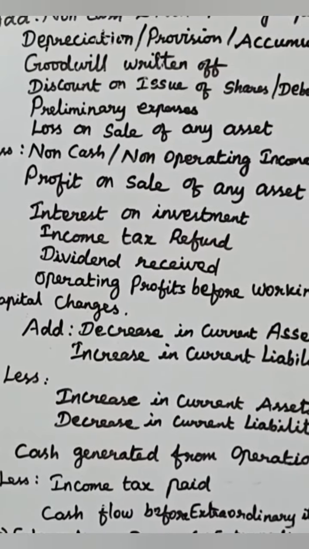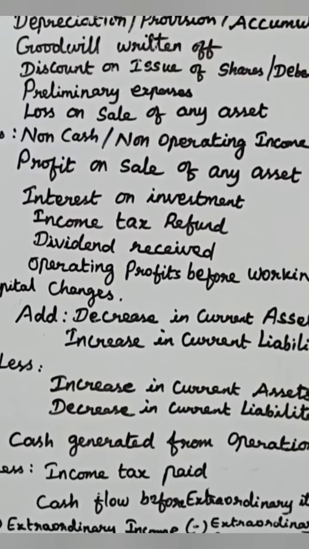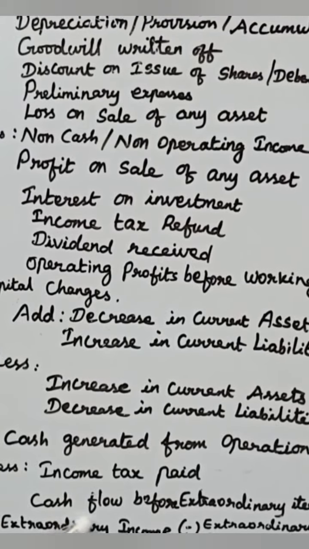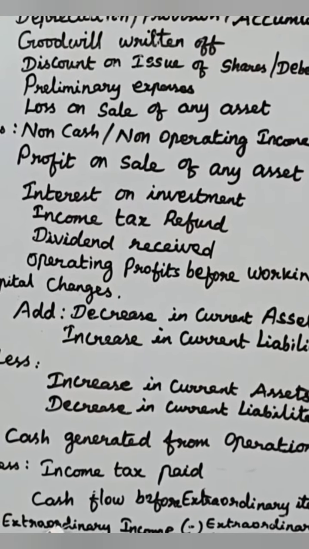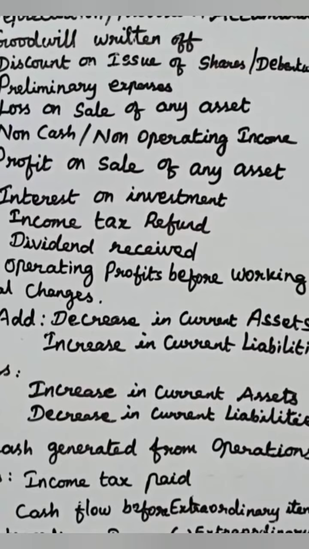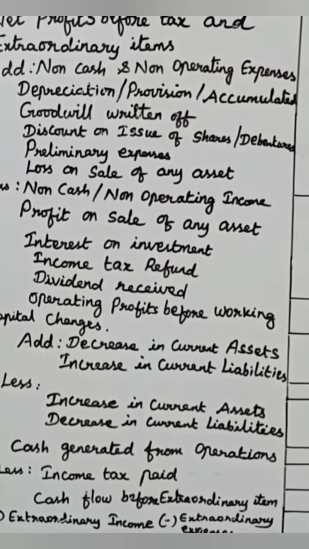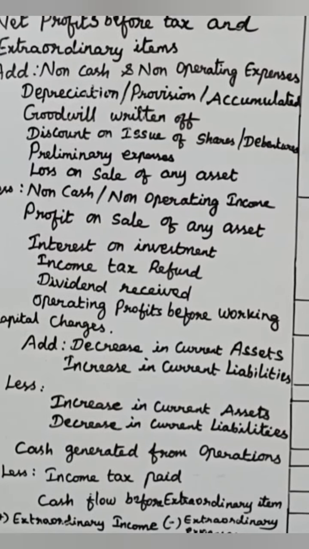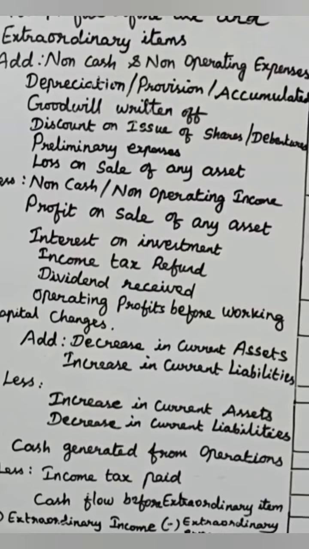Here, you need to know what an extraordinary item is. Extraordinary items are non-recurring in nature, for example, loss due to theft or earthquake, compensation received from the government, etc. Finally, you will arrive at net cash from operating activities or net cash used in operating activities.